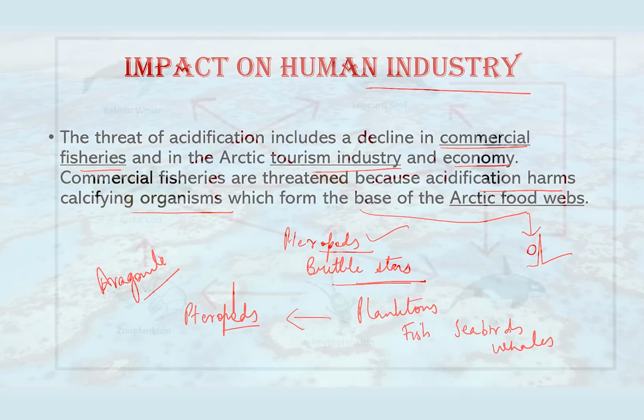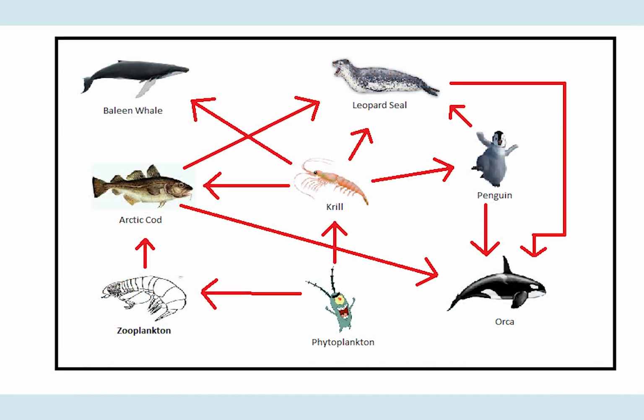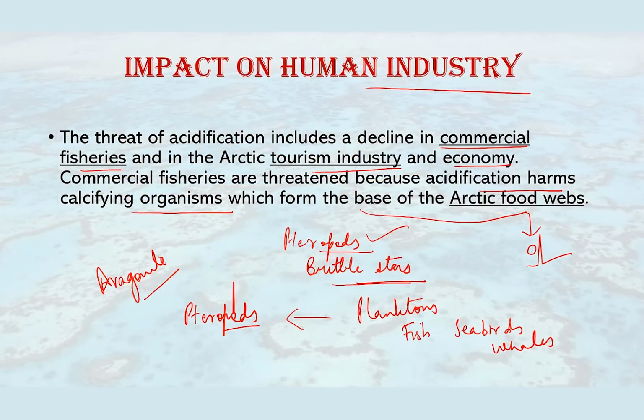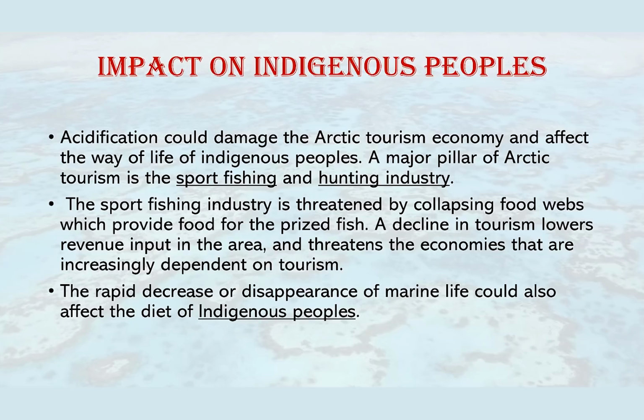Both pteropods and brittle stars serve as a substantial food source, and their removal from the simple food web would pose a serious threat to the whole ecosystem because a lot of organisms depend upon them for food. The effects on the calcifying organisms at the base of the food webs could potentially destroy the fisheries. So this is the impact on human industry.